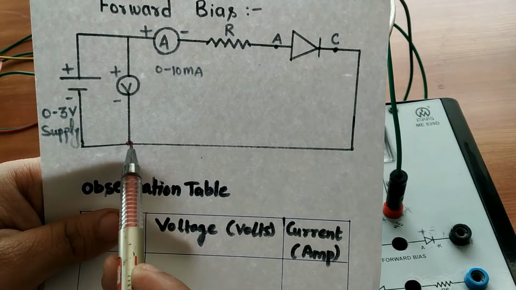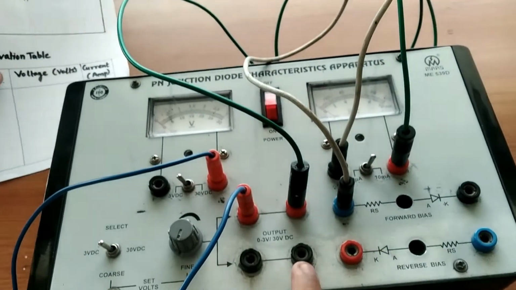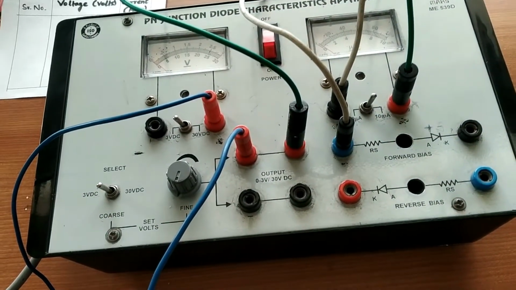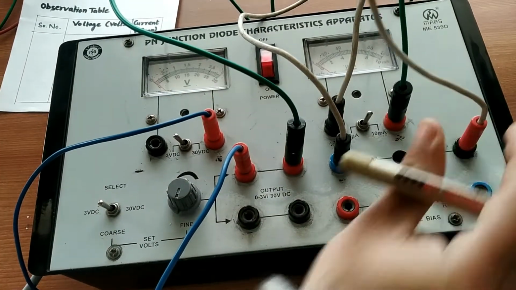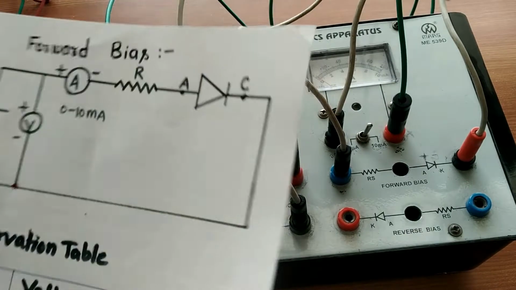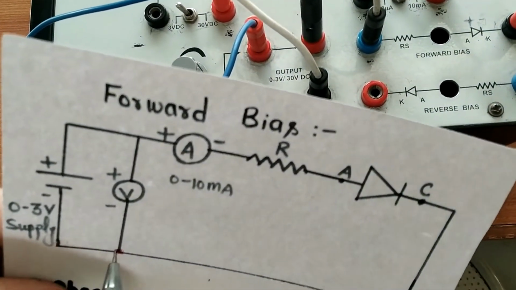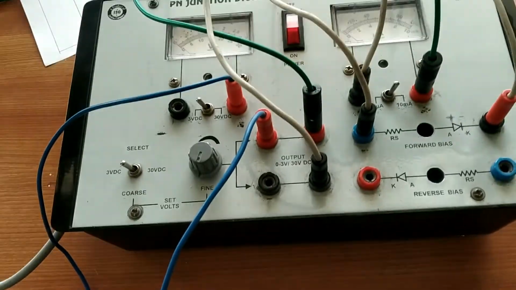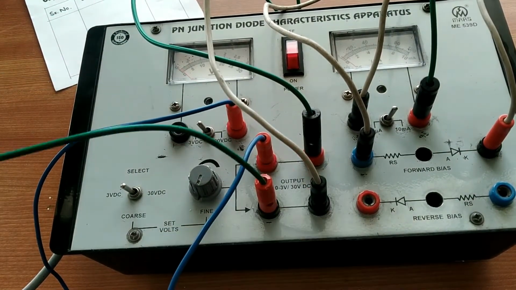Let's say this is the reference, we are connecting this as a ground, to this black terminal. So we will connect this here. Now you can see that the voltmeter is also being connected to the negative part of the battery. So we will take another wire and connect it here.